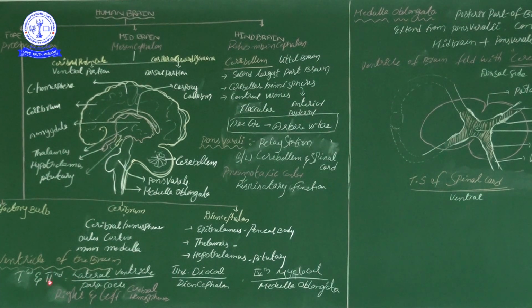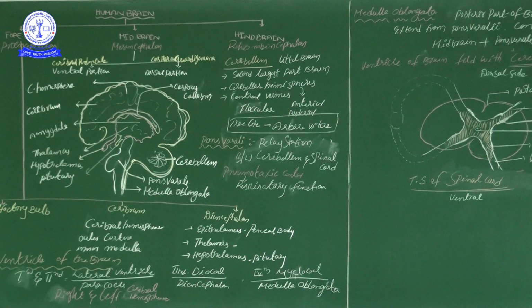These cerebral hemisphere-located brain cavities we call the paracoel. Paracoel. They are located in the left and right cerebral hemispheres. And then the third cavity we call the diocoel. It is located in the diencephalon.